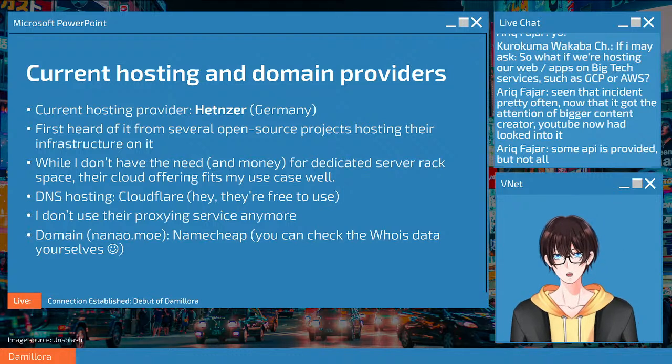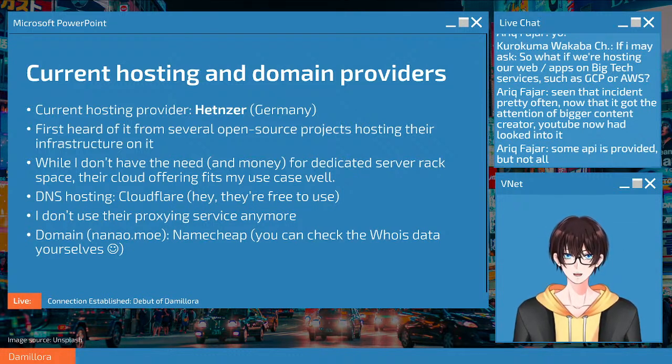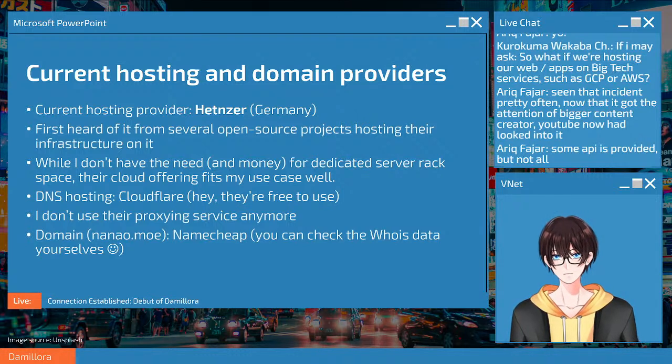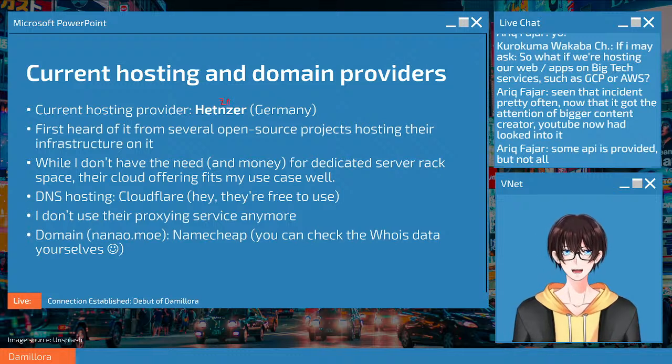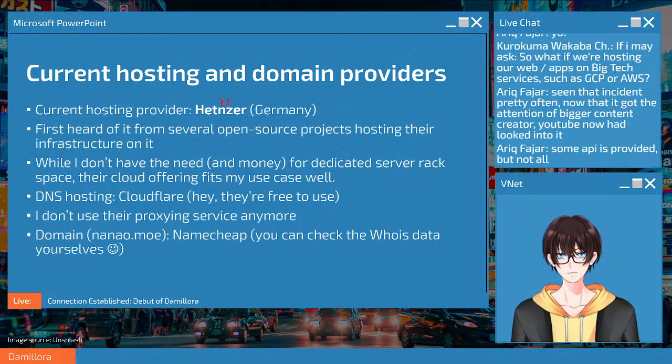Well, I currently use a German hosting provider. It's misspelled here, please don't mind me. It should be spelled Hetzner. Sorry for that.